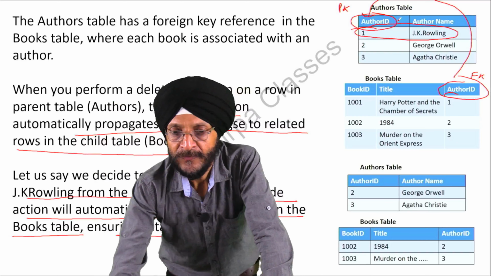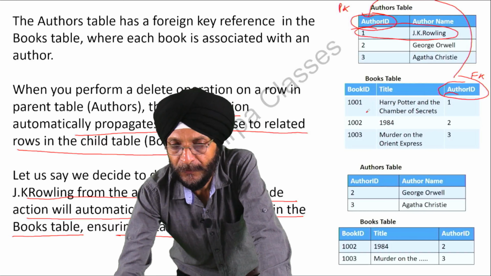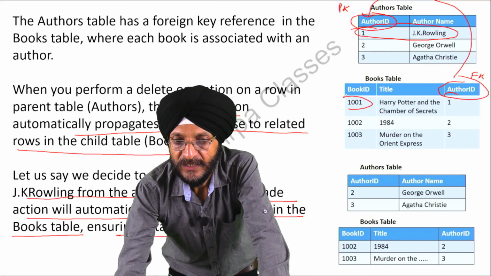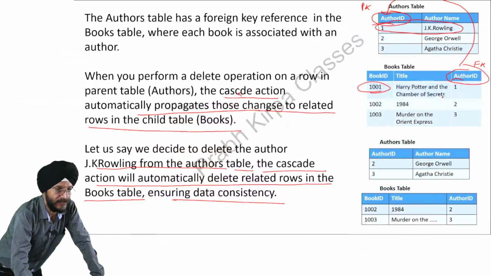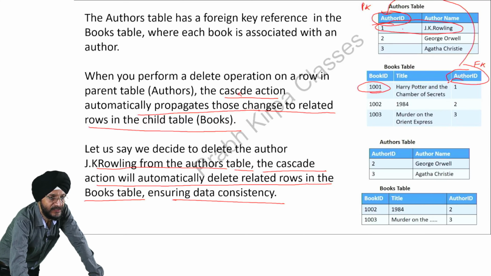In this case, this author has a book in the books table, which is this one, Harry Potter and the Chamber of Secrets. Now if you delete this author, then the cascade action will ensure that this book is also deleted from here.